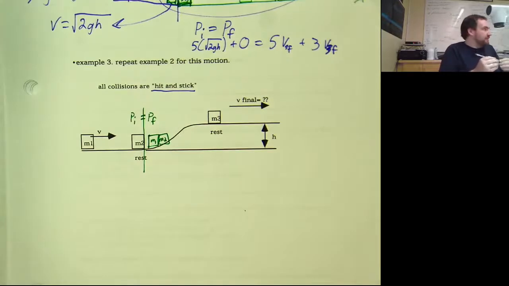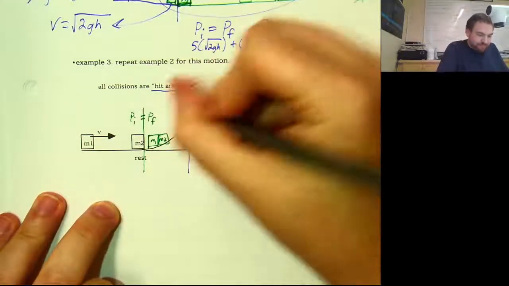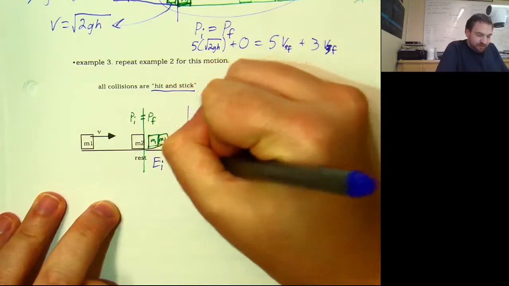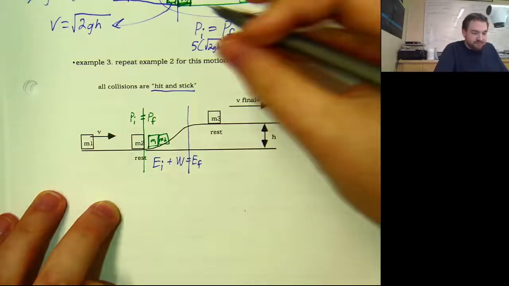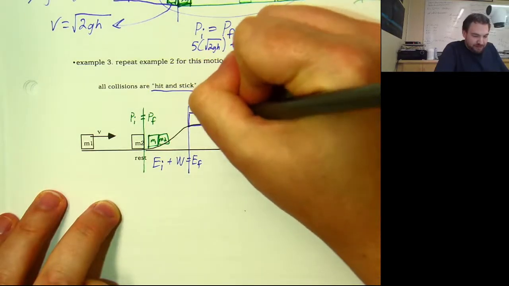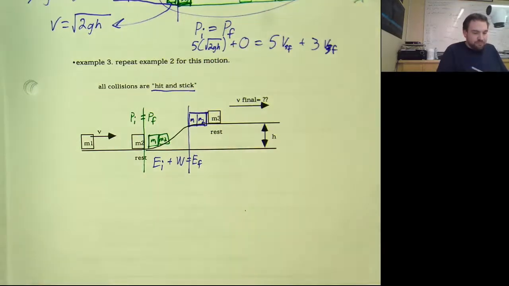Okay, someone else. What's the next portion of this? Zach, what are we going to deal with next? We're going to do energy up the hill. Energy initial plus work equals energy final. And at the end here, we're going to have an object that looks like this. Right before they touch, I'm going to have M1 and M2. And then we're having momentum.